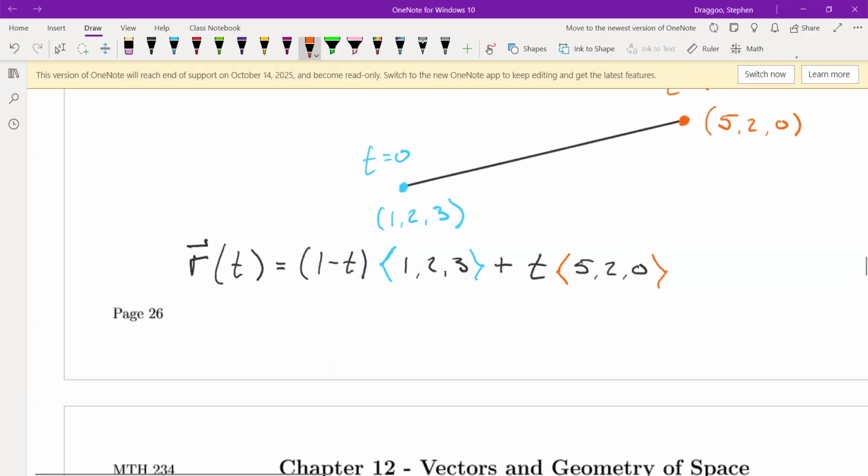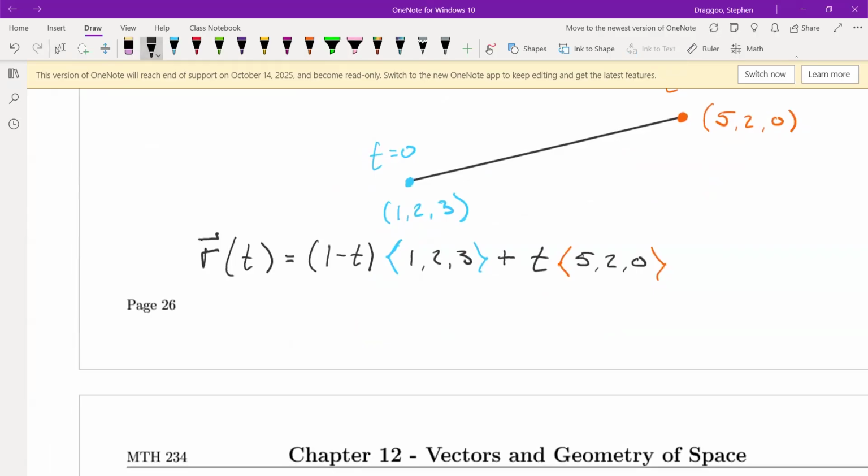If you wanted this to be in a slightly different form, I don't know if it'd be more or less workable, but you could combine them together to look something like 1, 2, 3. Still that blue point, plus t times the difference between those 2 points.